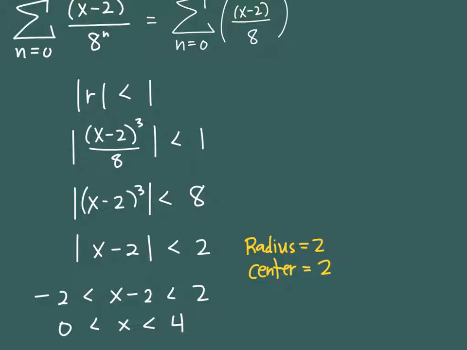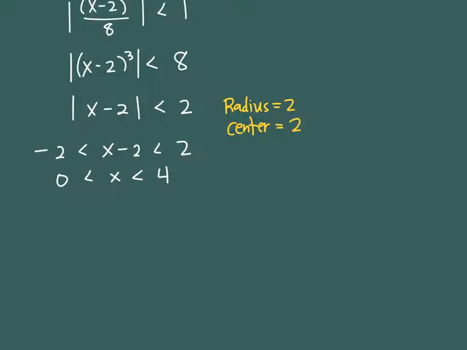Now find the sum. So we learned before that our definition is the first term over 1 minus r. We learned that as the sum of a geometric series. So what would a sub 1, the first term, be?